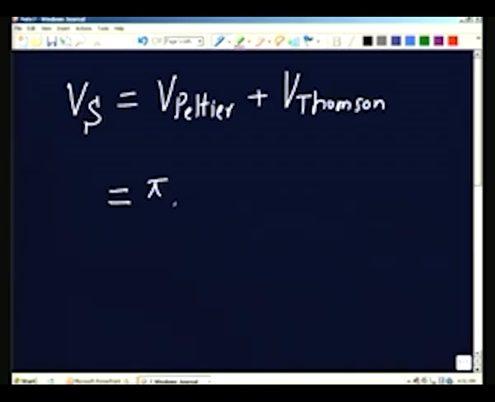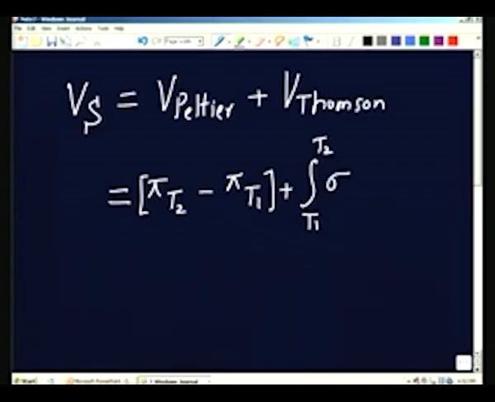So, this will be pi AB; that AB subscript I will not use now because we know what we are talking about. So, I will say pi at T2 minus pi at T1, this is the Peltier, plus the integral from T1 to T2 of sigma A minus sigma B dT. We will call it equation 5.